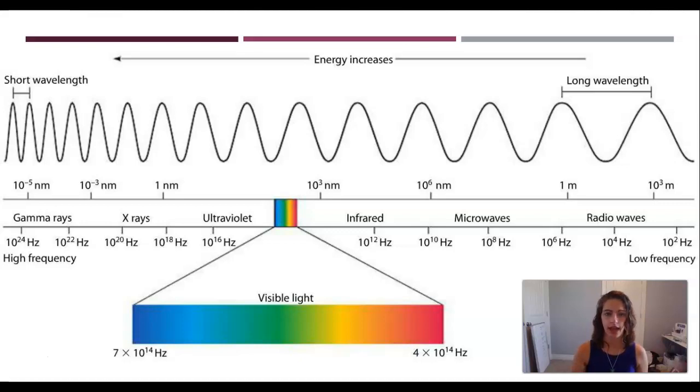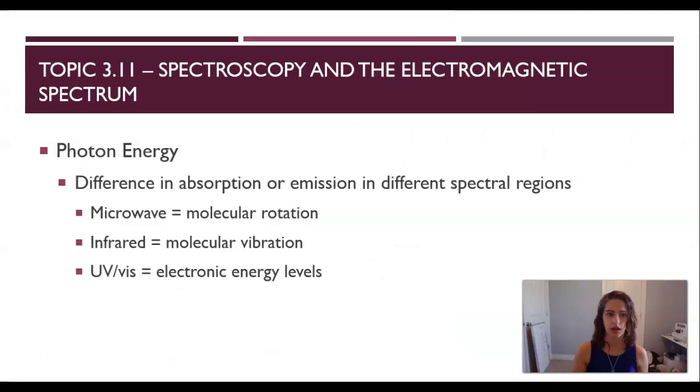So let's look at how some of these things are related to different types of transitions. We talk about this in terms of photon energy. Photons are light as particles, and there are differences in the absorption or emission in different spectral regions. Microwaves, so lower energy, cause molecular rotation.